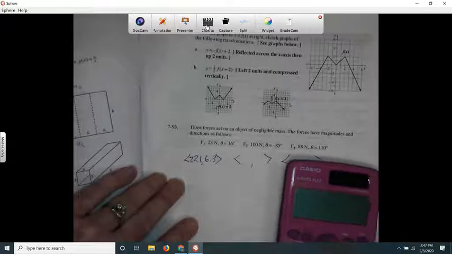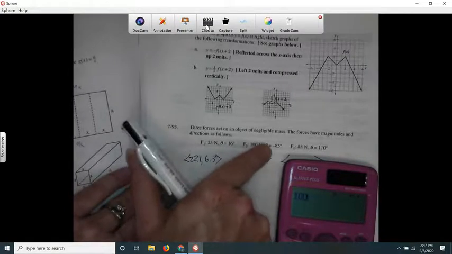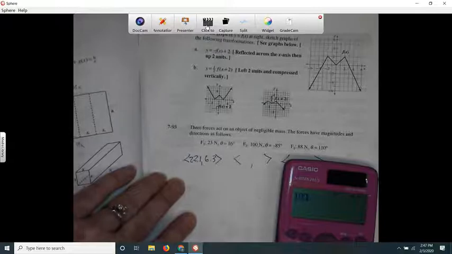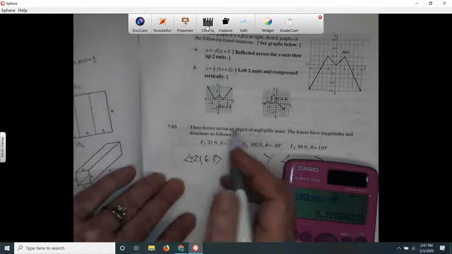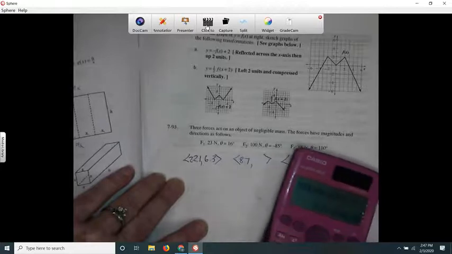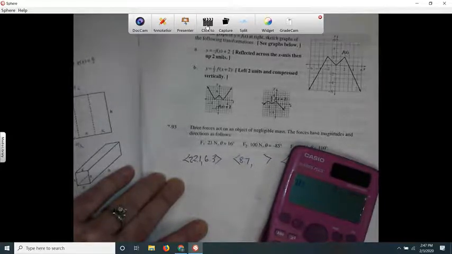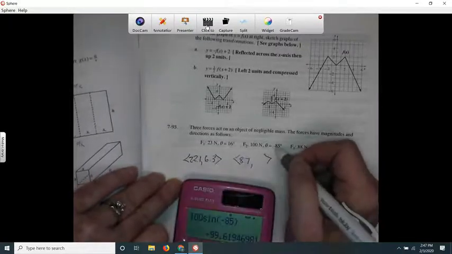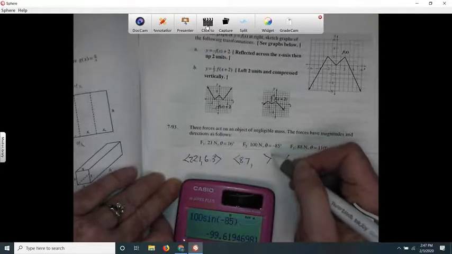And I'm going to go 100 cosine of negative 85 and hope that my calculator can work that out for me. Hopefully calculator knows. 8.7, and then for sine, I'm going to go 100 sine of, if my calculator's not that smart, then I would go 360 minus 85. I could use the positive angle.